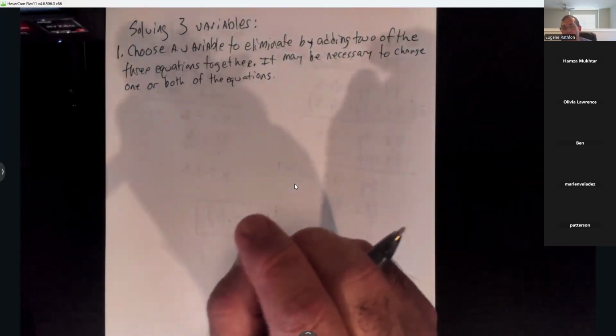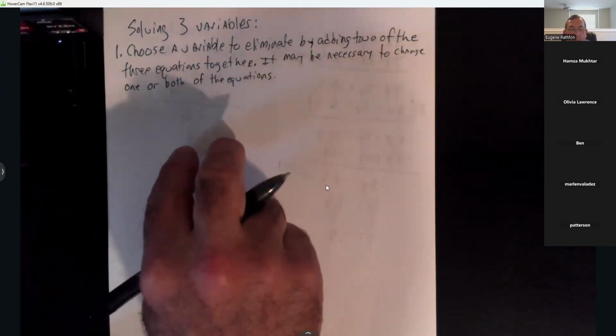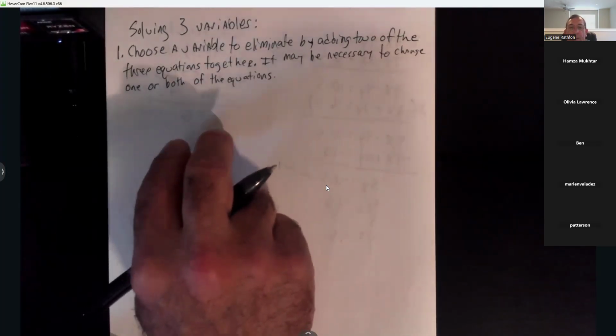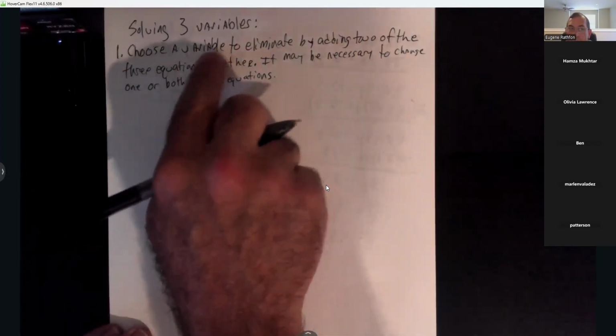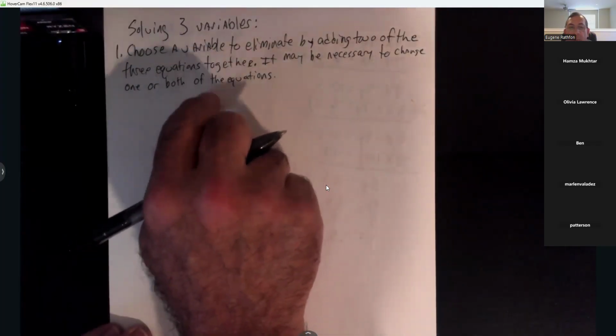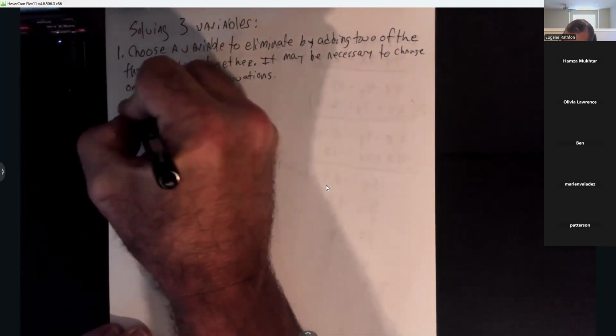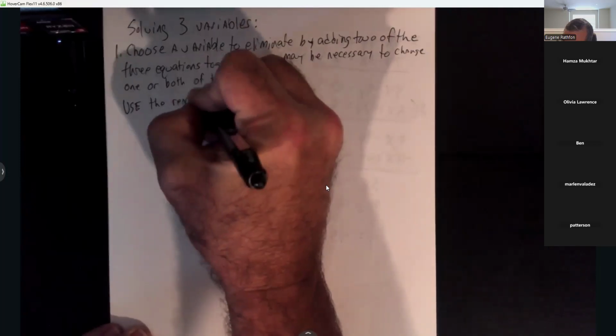All right, y'all. So here's the thing on this one. When I do two of them together, I'm going to end up with something that has two variables left. So check this out. After I've used two of these equations to eliminate the variable, we have to use the remaining equation.